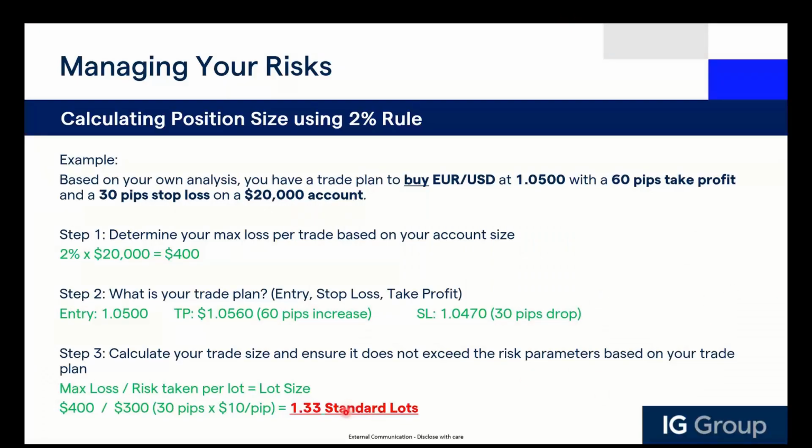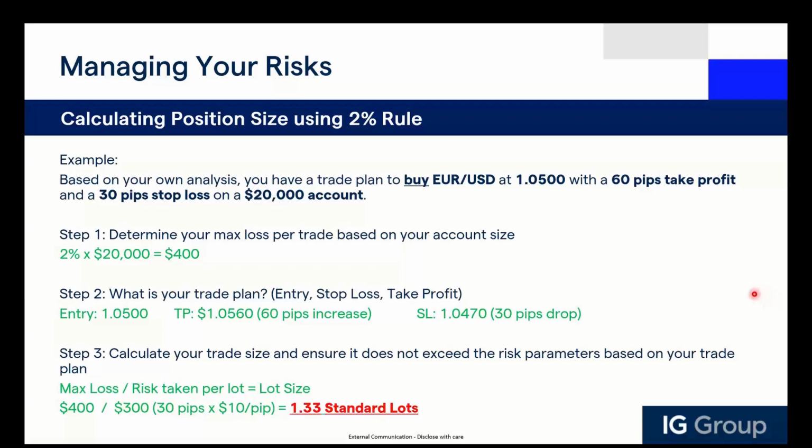You need to think about what is an appropriate trade size to enter based on your trade plan, and this is the way that we can calculate. The amount you are willing to risk, divided by the number of pips multiplied by $10 per pip, which is the value of the loss. We take that, we divide it, and we get the number of lots that we should be entering based on our risk parameters and account size.